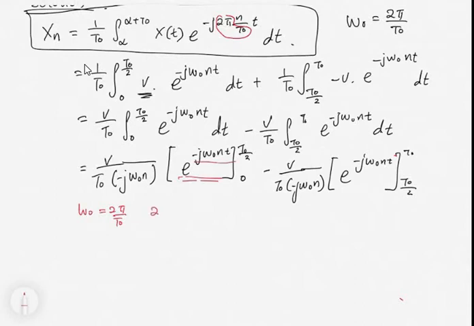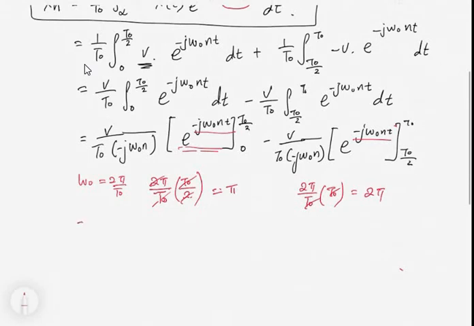So 2 pi over T naught, 2 pi over T naught, and then with t substituted with T naught over 2, I got pi only. And then for this part, I have 2 pi over T naught, then with T naught I have equal to 2 pi.